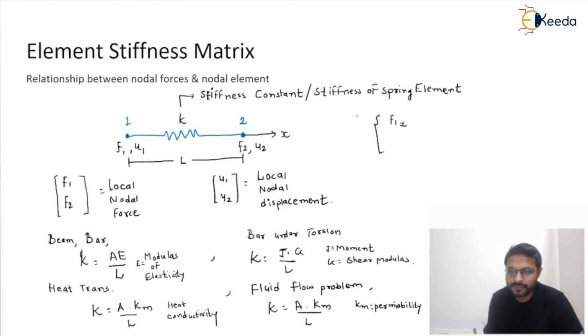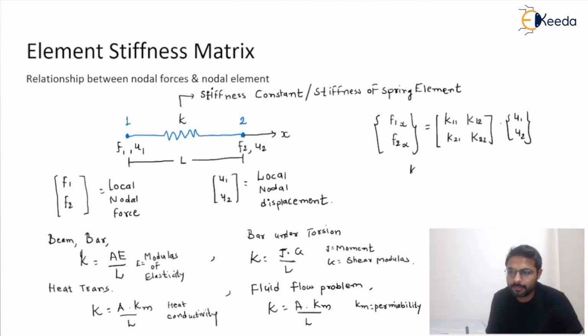Here the direction is x, so we are considering the vector. Force equals the stiffness matrix, that is small k11, small k12, small k21 and small k22, multiplied by the displacement vector, that is u1 and u2.